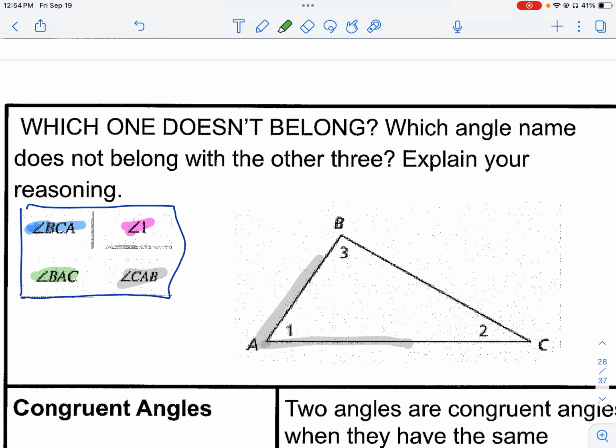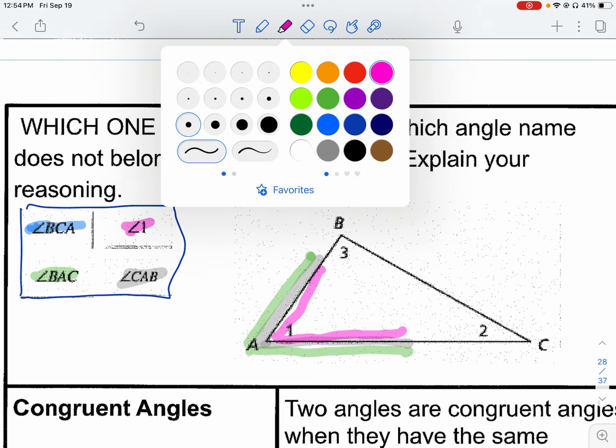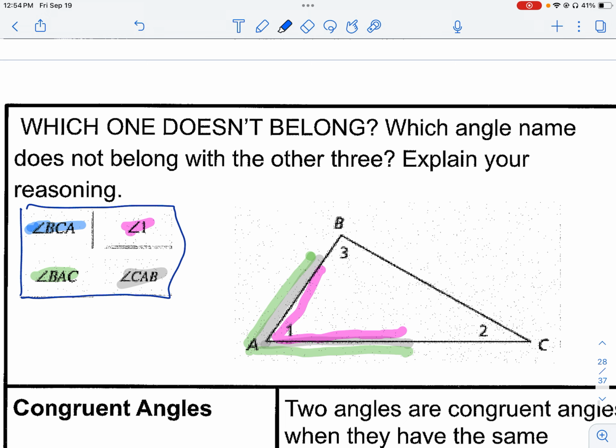Then angle BAC, all right, we're still in the same spot. Angle 1, oh wait, right here's angle 1. And our last one is BAC, so that's got to come over here, has a different vertex.